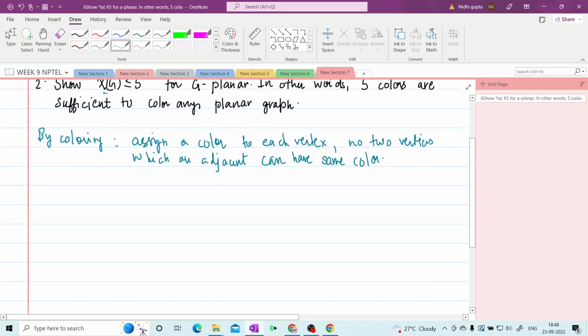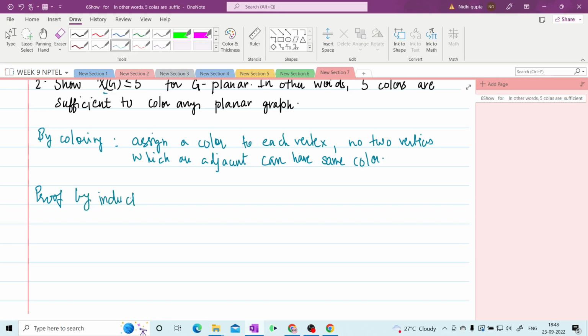Okay, so if we have a theorem like this and can't think of a direct way, the first guess is always to try using induction. Let's see if we can do it that way.